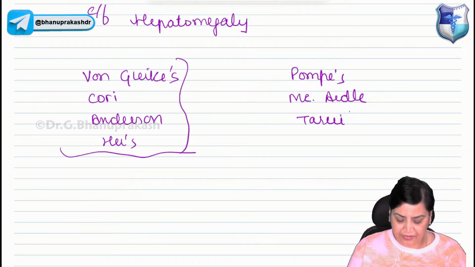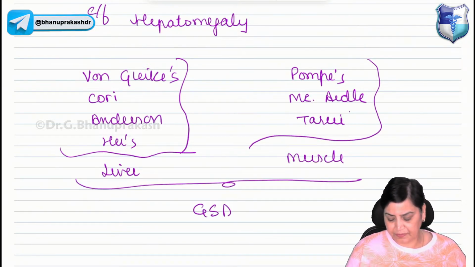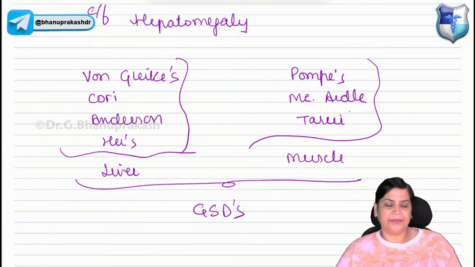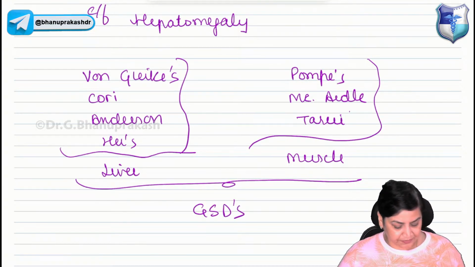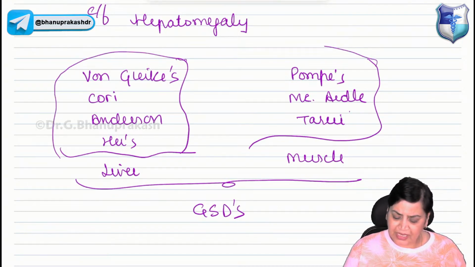These are liver storage and these are muscle storage GSDs. Right? Clear? But this you have to remember because these are very, very important.